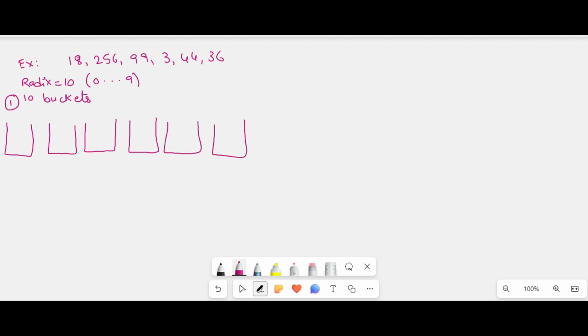So first iteration: 0th bucket, first, second, third, fourth, fifth, 6th, 7th, 8th, 9th. Now consider the elements one by one. The first element is 18.